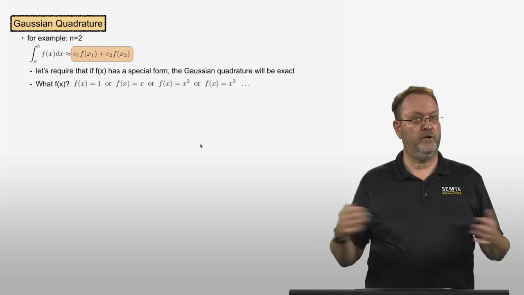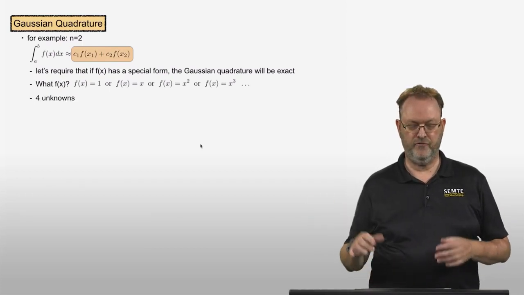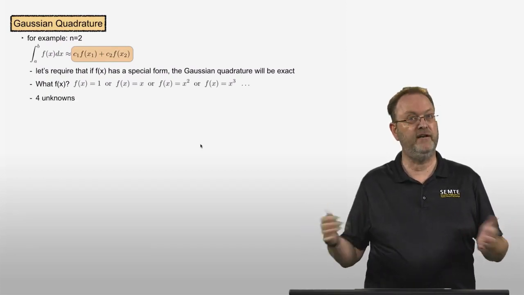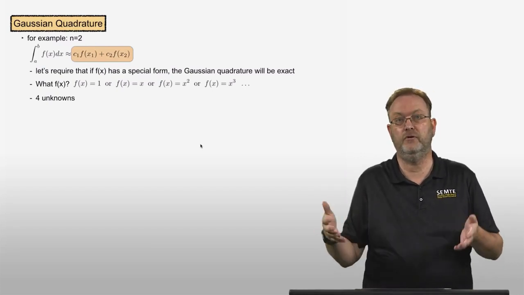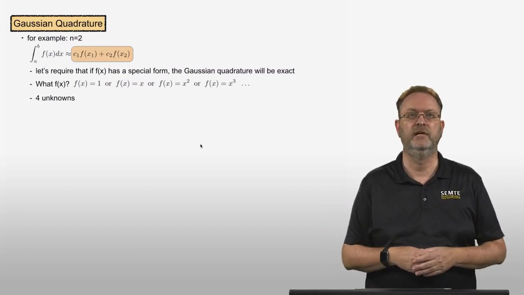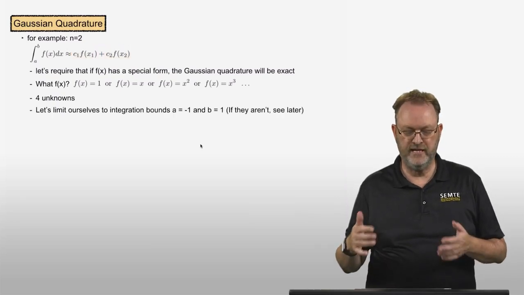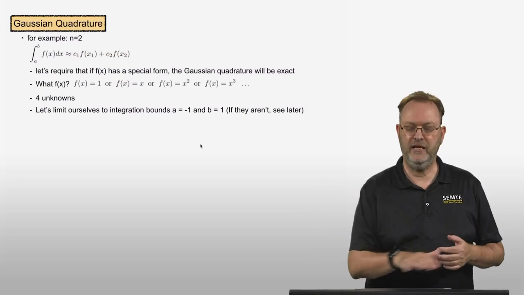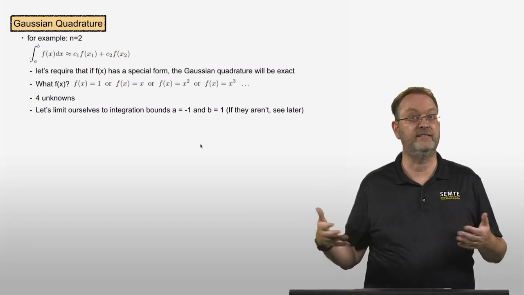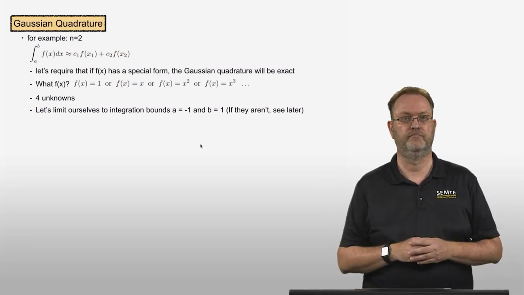So if we have 2 points, then our number of unknowns is c1, c2, the 2 weights, and the 2 locations x1 and x2. And now we want to choose them in such a way that we get as many of these monomials calculated exactly up to round-off errors.